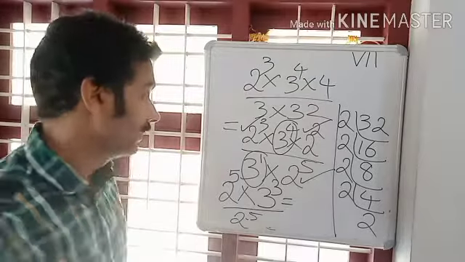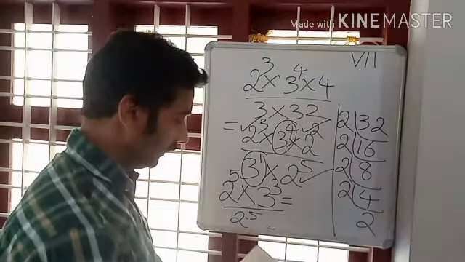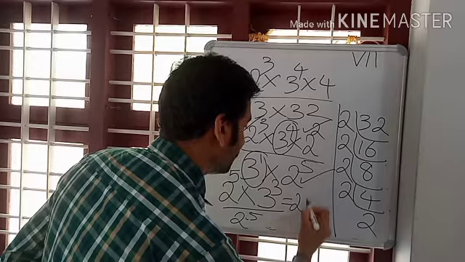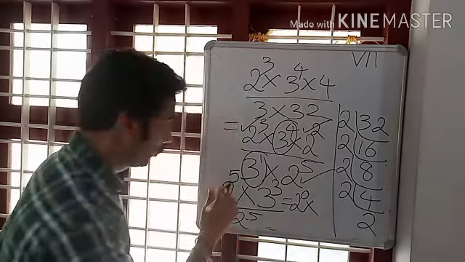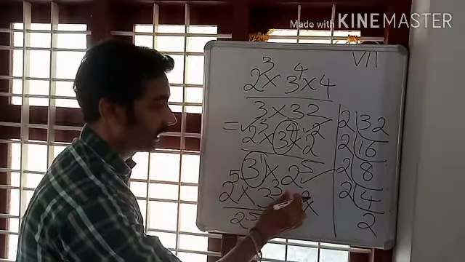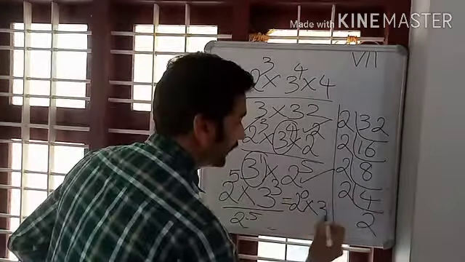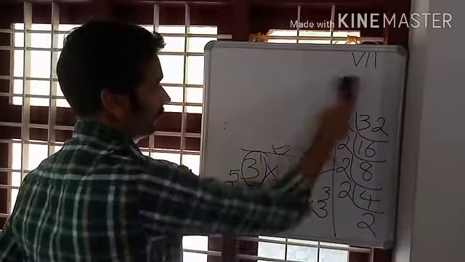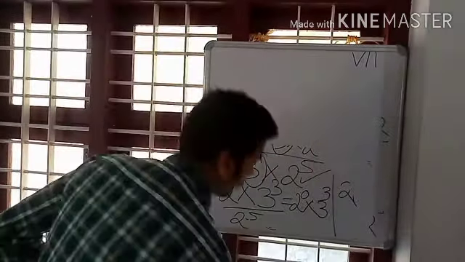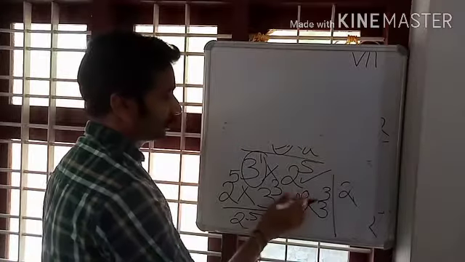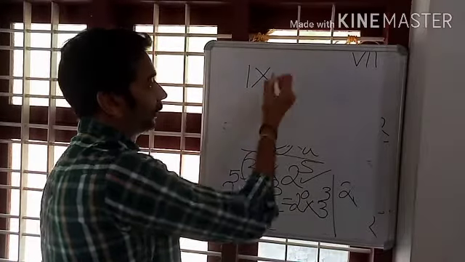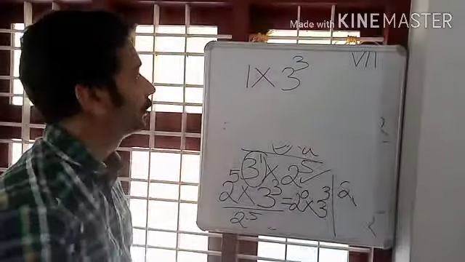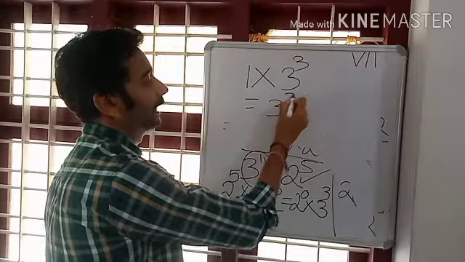So we get 2 raised to 0 into 3 raised to 3. 2 raised to 0 is 1, and 1 into 3 raised to 3 is 3 raised to 3.